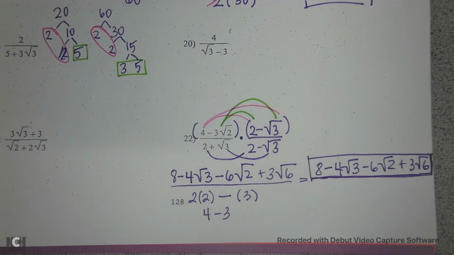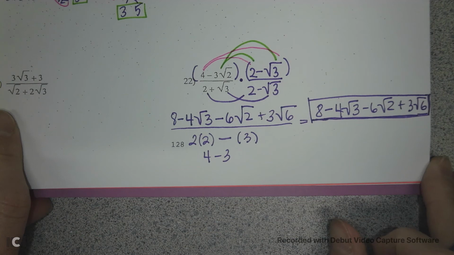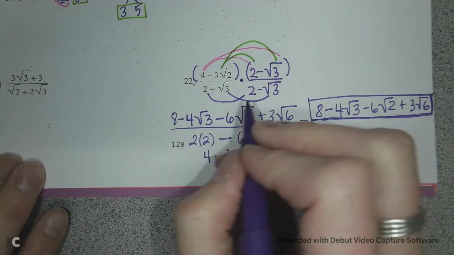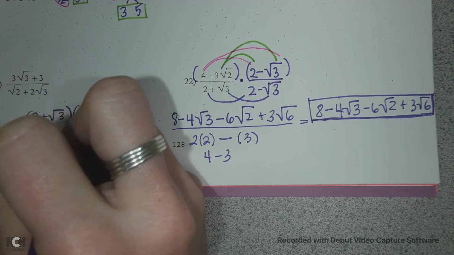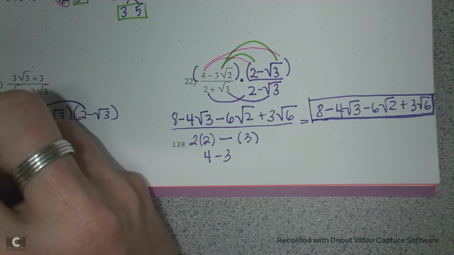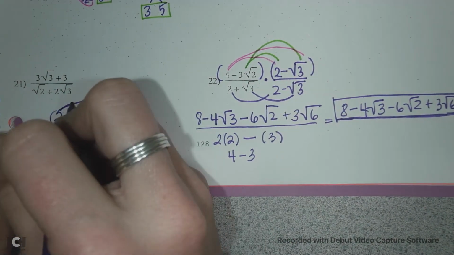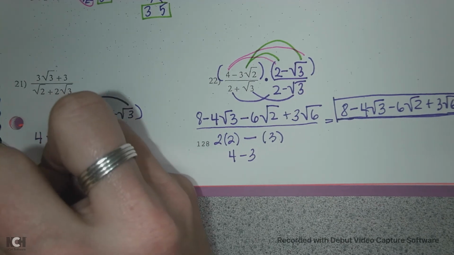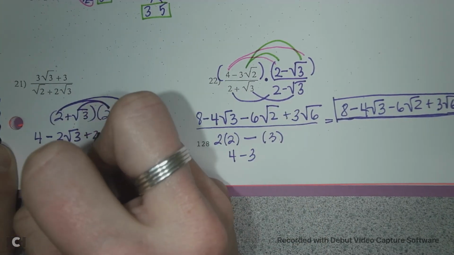All right, guys. Here, let me show you this really fast in case you're like, man, I'm so confused. Okay, so on the bottom here, when you have 2 plus root 3 times 2 minus root 3, I multiply my 2 times 2 and I get 4. I multiply 2 times negative root 3 and I get negative 2 root 3. I multiply root 3 times 2 and I get 2 root 3.